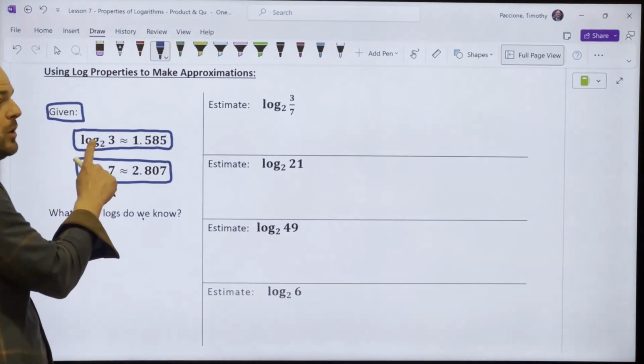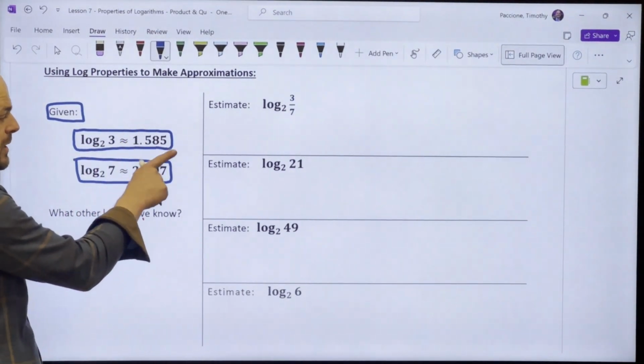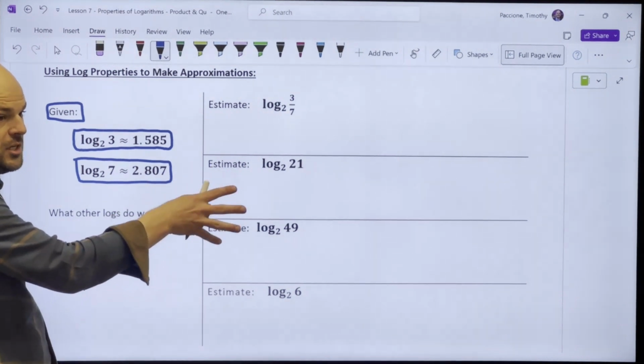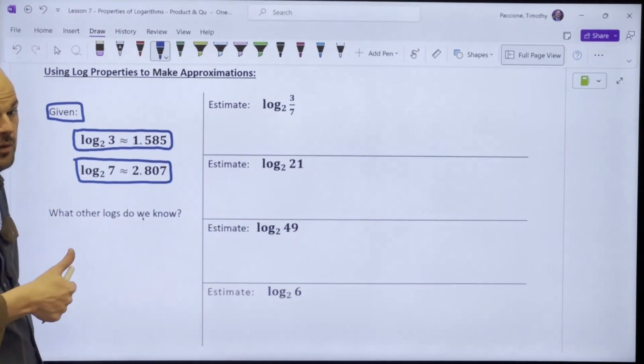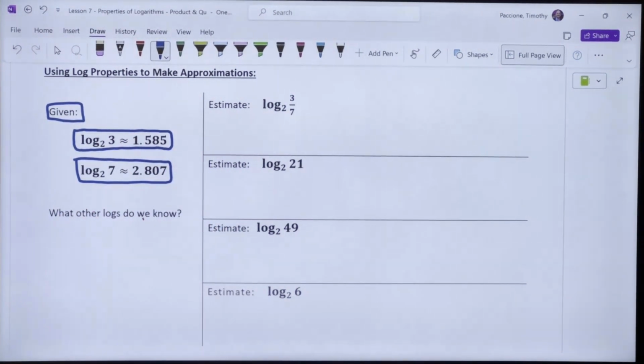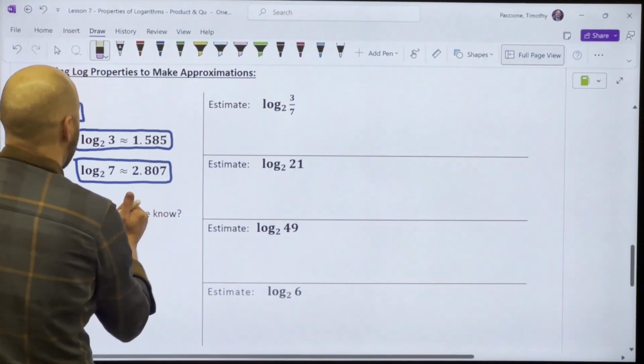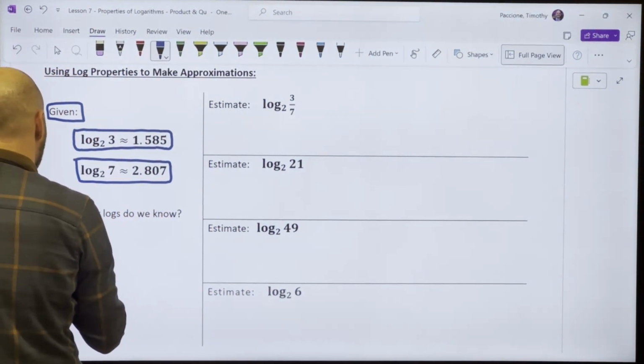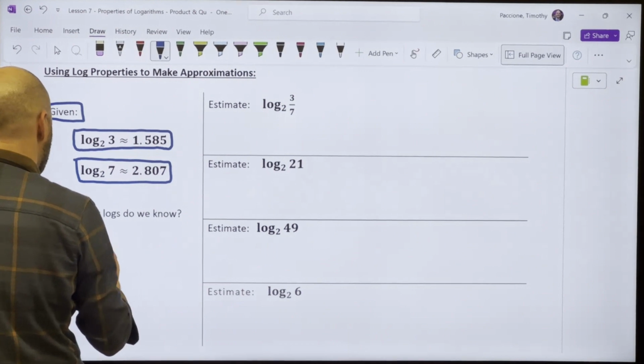So you know those now. And you're going to be given things you don't know. You're going to change them and use these to find a real number. Now, let's also talk about other logs that we know with base 2 that weren't given, but we should know now.